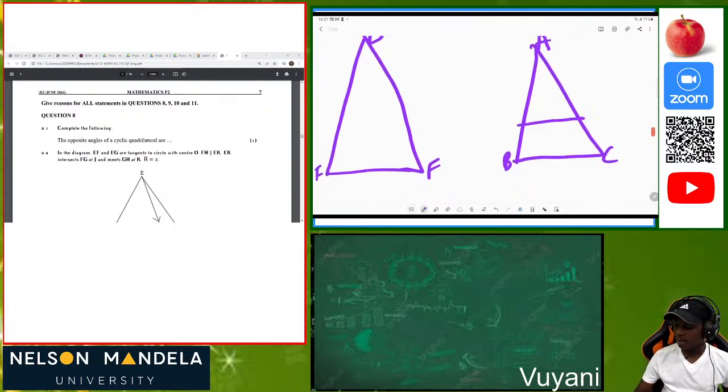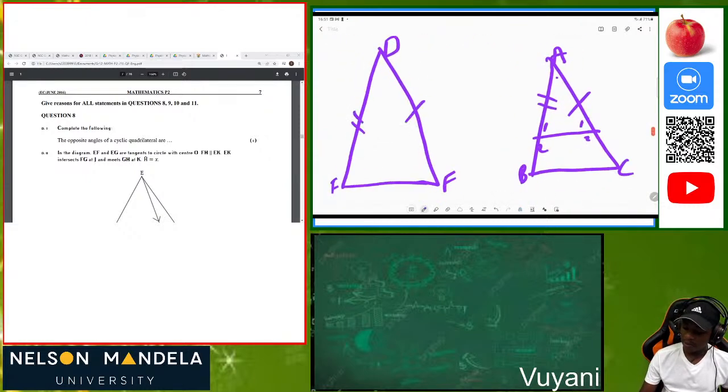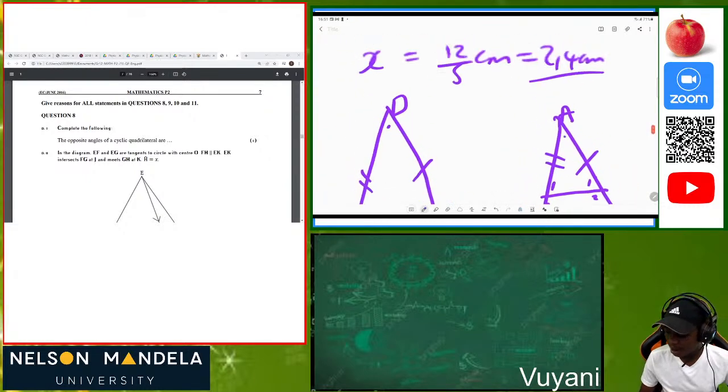Having triangle ABC, we have 1, 2, 1, 2, and these two are not equal. It's an isosceles triangle, as you can see, and the same applies with this one. So these are our two triangles.